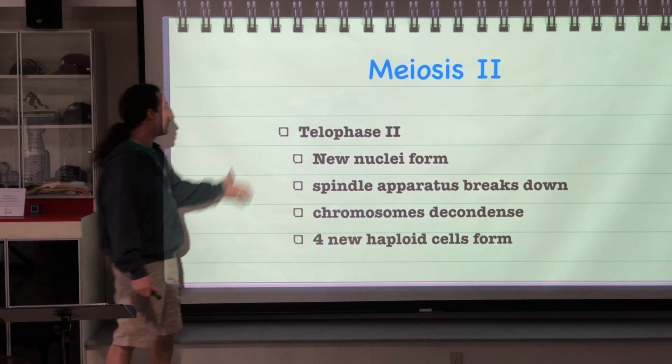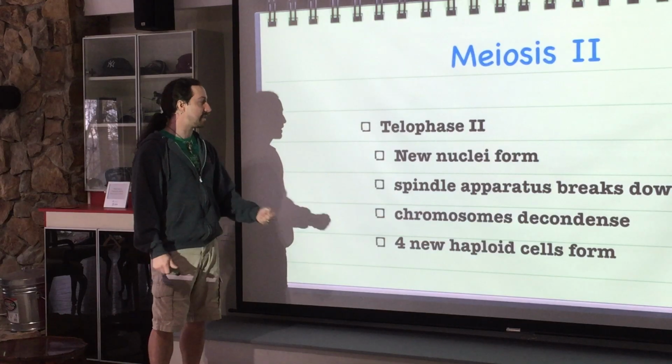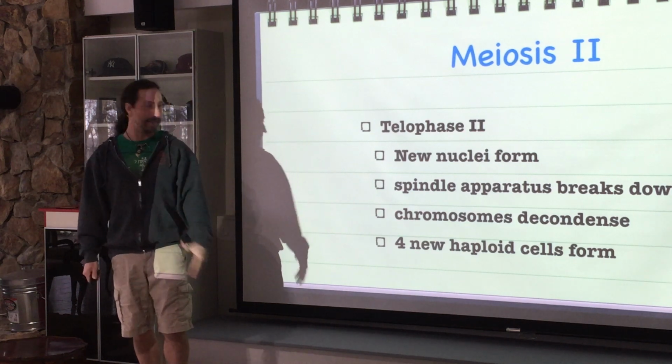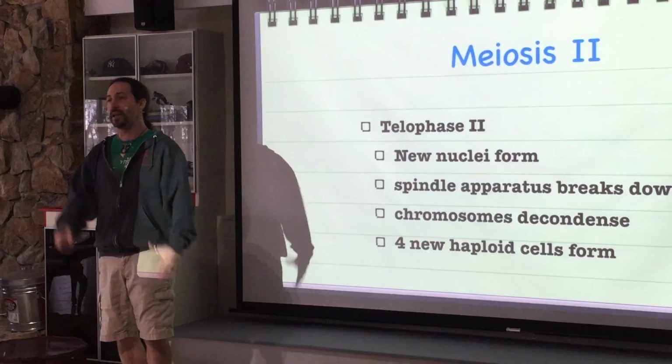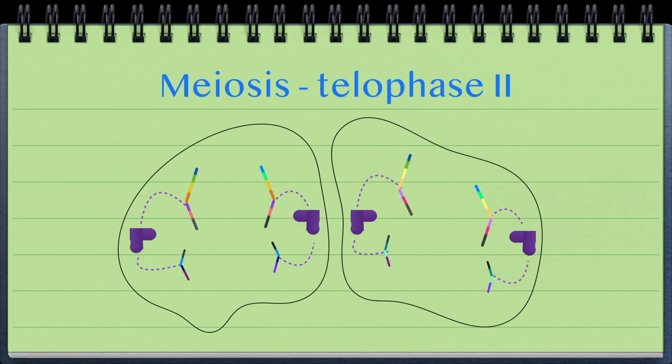And in telophase 2, new nuclei form. The chromosomes are going to decondense. The spindle apparatus is going to break down. And again, 4 new haploid cells form. Cytokinesis takes place again during telophase 2, which leads us to this process.